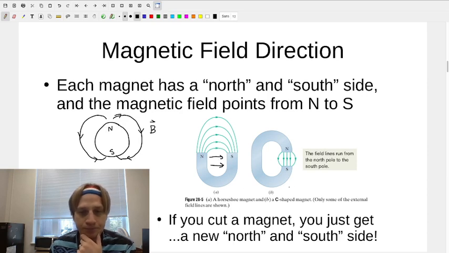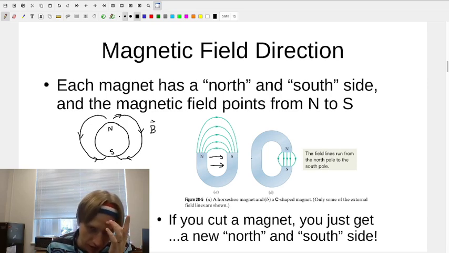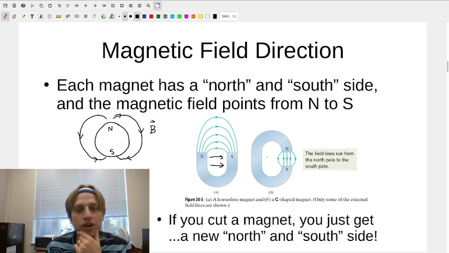Now, something that's a little strange about this is that if you cut a magnet, you don't get just the north side and just the south side. You get a new north and south. So that's what this picture is trying to indicate. And we'll talk more about why that is next time, but the short version is there are no magnetic monopoles.